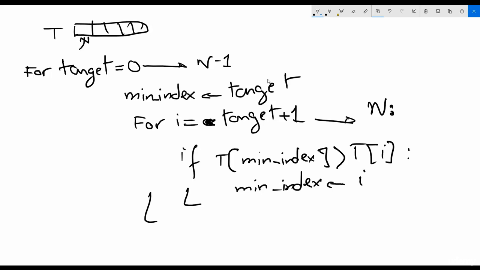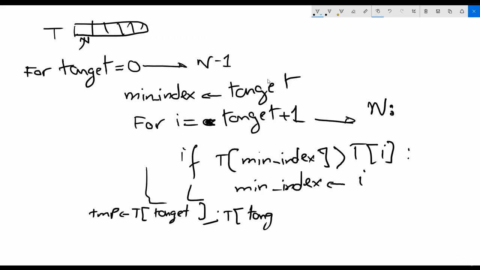So we said that the swapping would be these 3 instructions. The first instruction would be to create a temporary variable which takes t of target. And then the second instruction would be that, once we have a backup copy of t of target, we're going to put inside t of target t of min index.